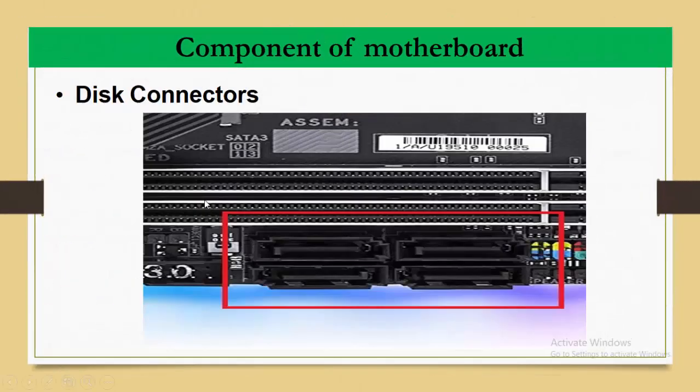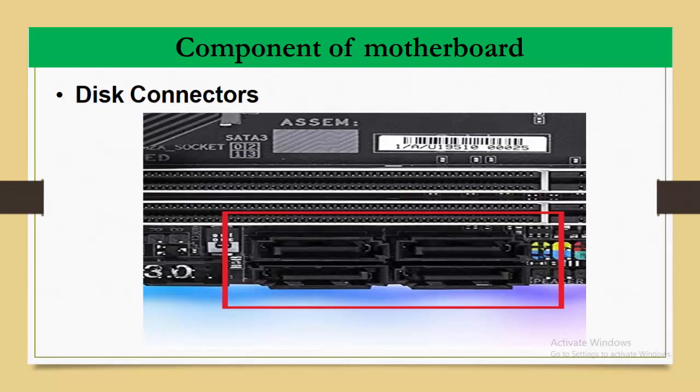The next one is disk connectors. Motherboards have disk connectors that are used for connecting the hard drive, which is a permanent storage device. There are a few different kinds of hard drive connectors available today.